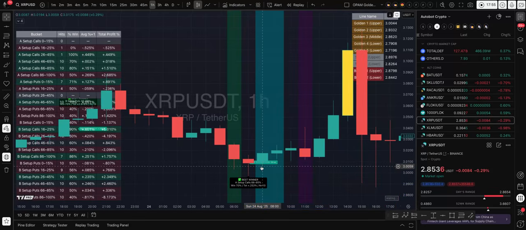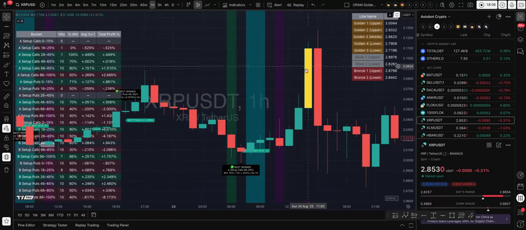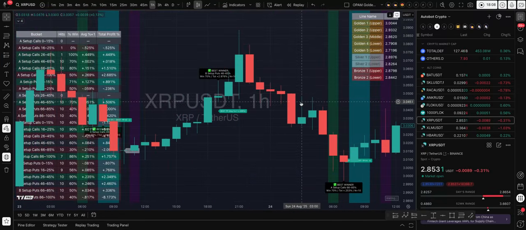But I do have the guards from the flatten, and also I now have the take profit as the trailing stop for this crypto as well. So that will help me to get the maximum on this drop.